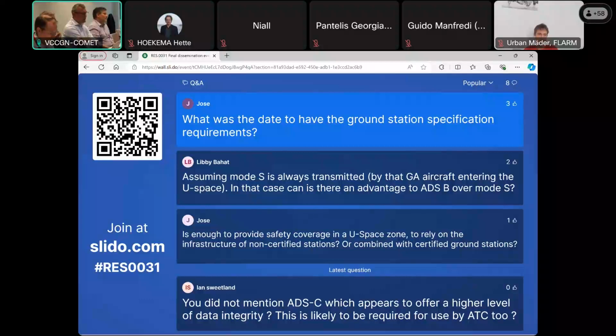But in terms of specification of the equipment and ground station, for the function outside of U-space, we do not expect that. Receiver station specification may come up through U-space development or maybe eventually through ATM, but at a later stage. So it's not planned at the moment.